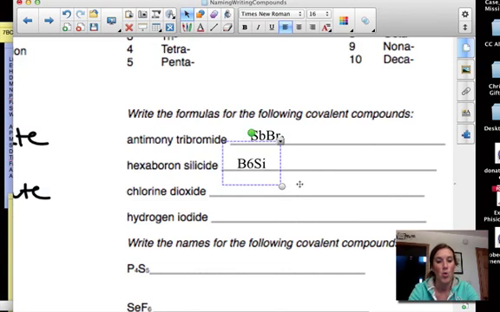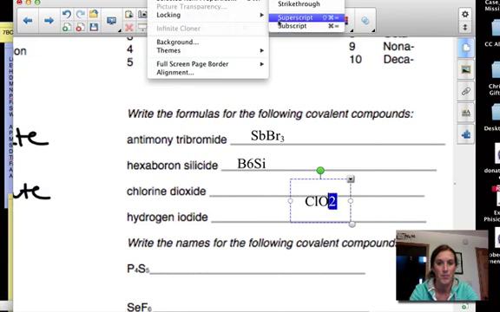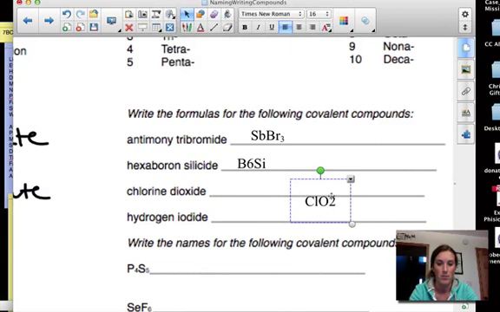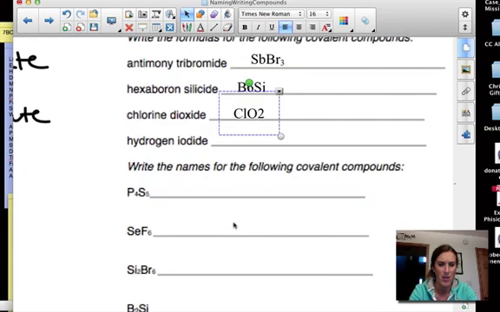Next compound, chlorine dioxide. Chlorine is Cl. Dioxide, oxide is oxygen. Di meaning 2, so there would be a subscript of 2 on oxygen. Try the last one yourself.